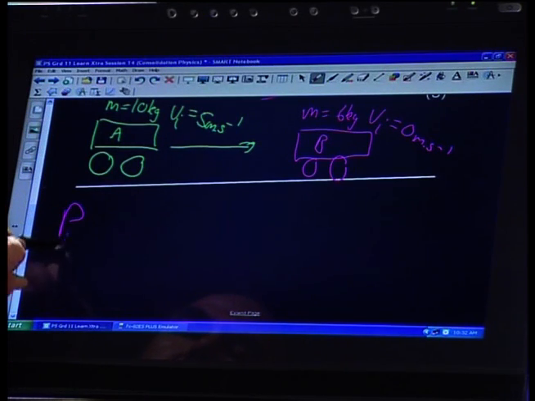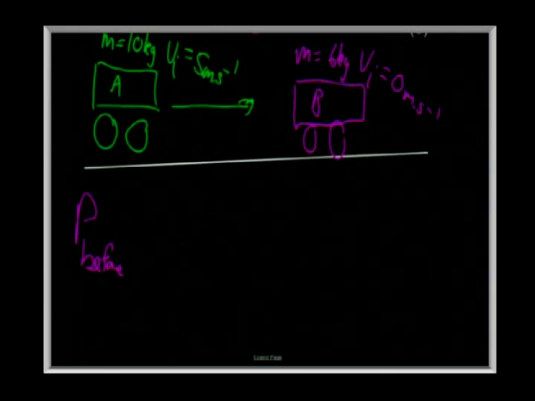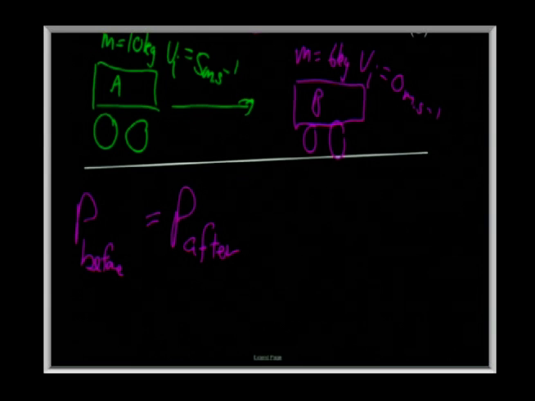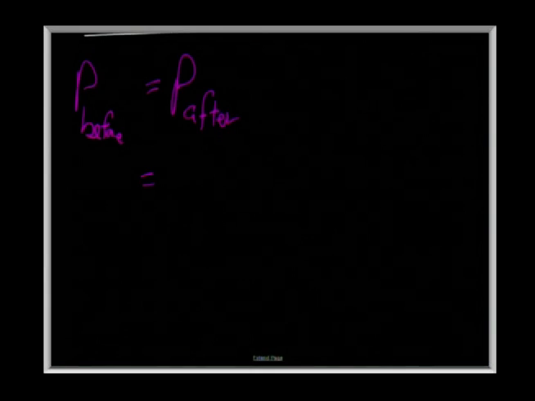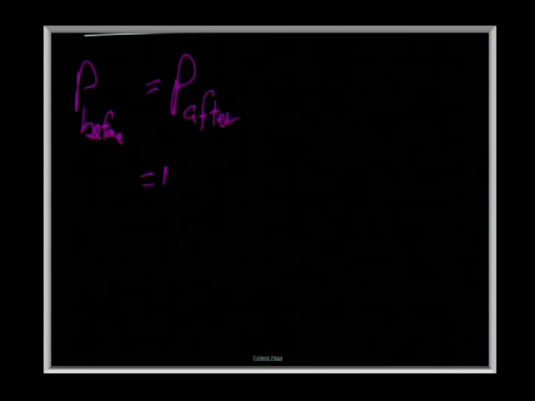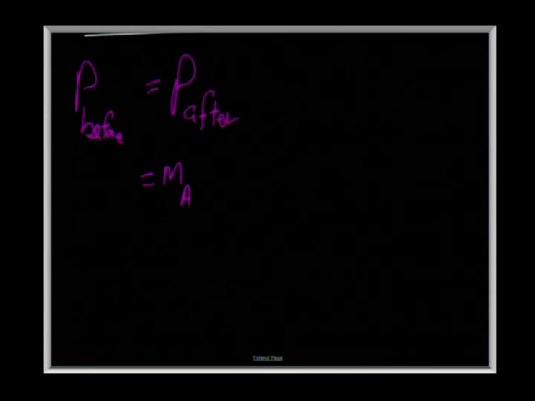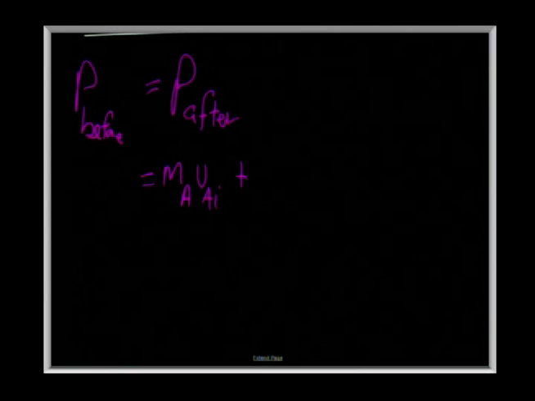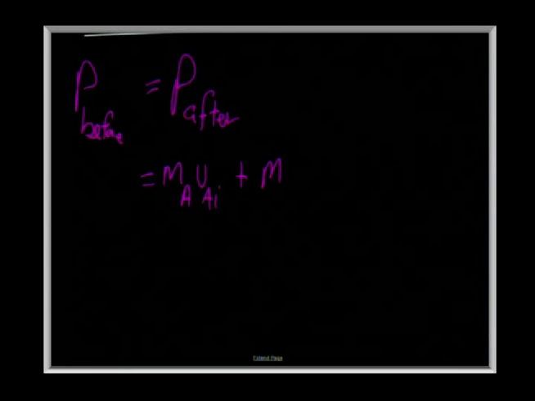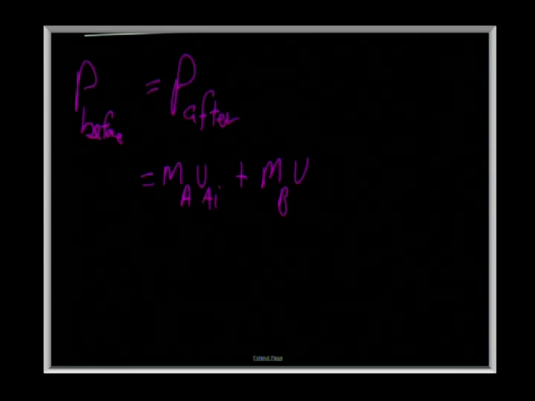I'm going to say momentum before is equal to momentum after. And I'm going to now write down what the momentum is before. I'm going to expand it. The mass of A times the initial velocity of A, plus the mass of B times the initial velocity of B.